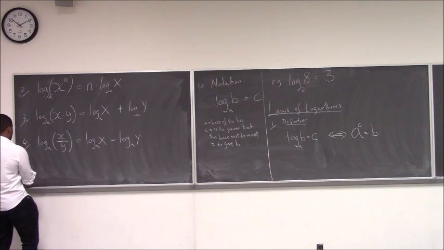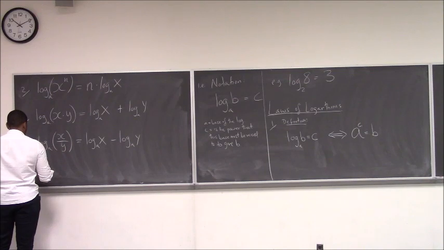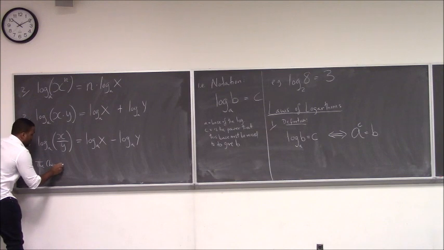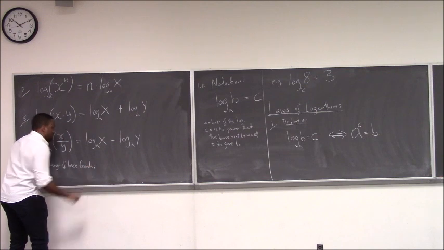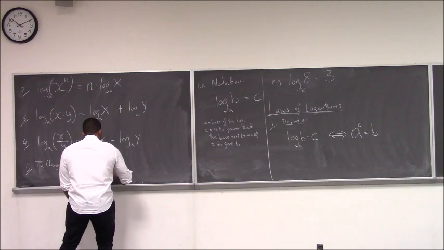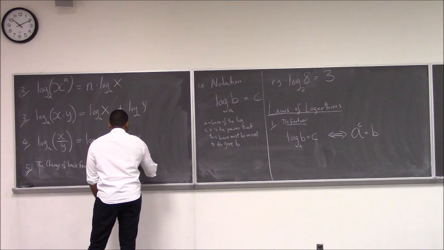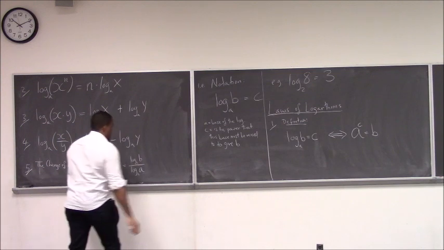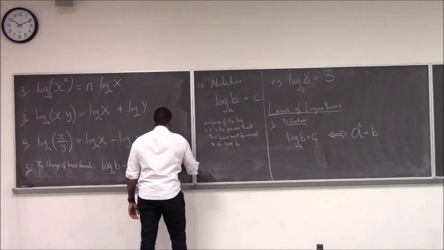Another important property is that this is called the change of base formula. Which basically says if I have log to the base a of b, this is equal to log to the base c of b divided by log to the base c of a, where c is a conveniently chosen base.